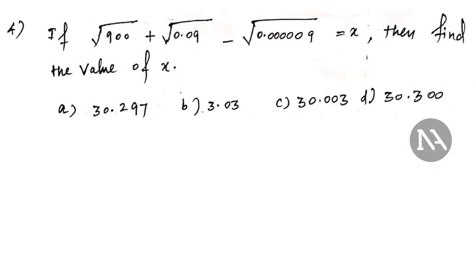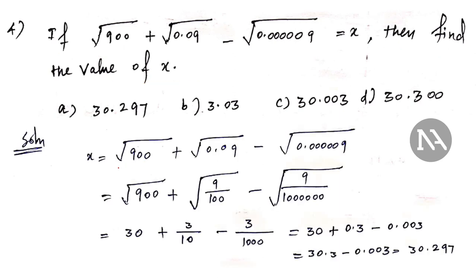Next question. If root of 900 plus root of 0.09 minus root of 0.00009 is equal to x, then find the value of x. Just now we saw root of 900 is 30.